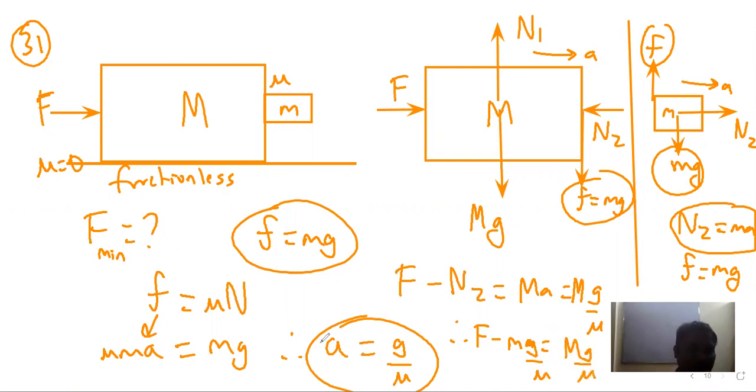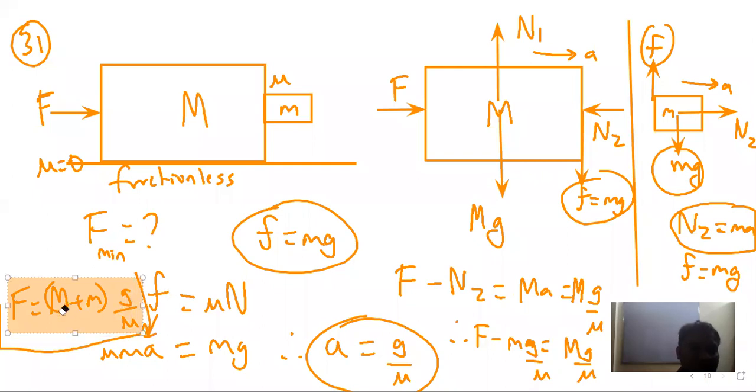So our answer will come out to be capital F is equal to M plus m into g by mu, taking g by mu common. This is our final answer. The applied force is M plus m into g by mu.